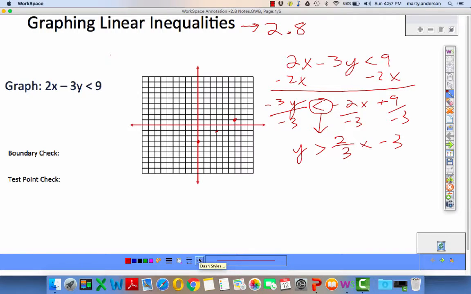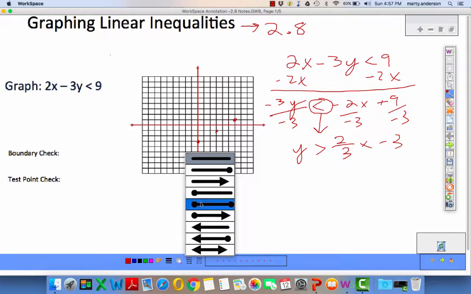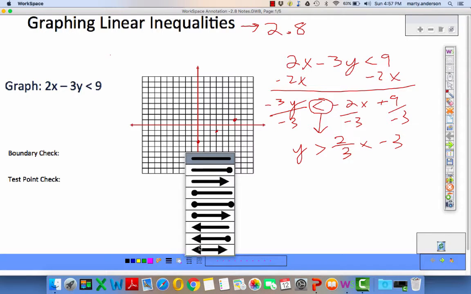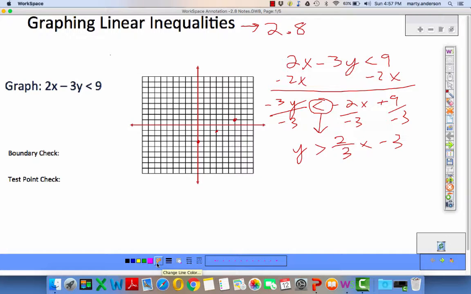So we can put in a dotted line, put in some arrows, select this, select this, and let's go purple, sure, see what happens. Oh, that's way too light. I gotta turn that up. Let's try that again. There we go.